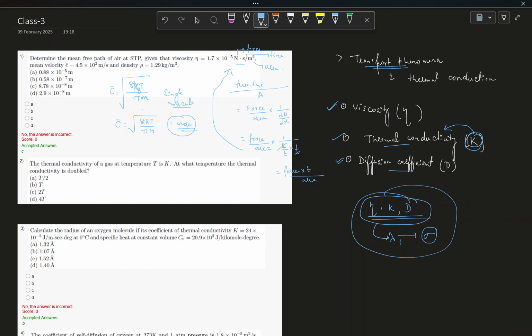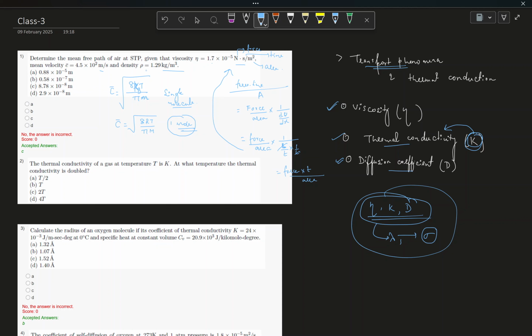So basically these are equivalent terminology. This is in SI unit, meter per second. And then density of the molecules means mass density, because you can see this is 1.29 kg per meter cube, mass by volume, so this is the mass density rho.